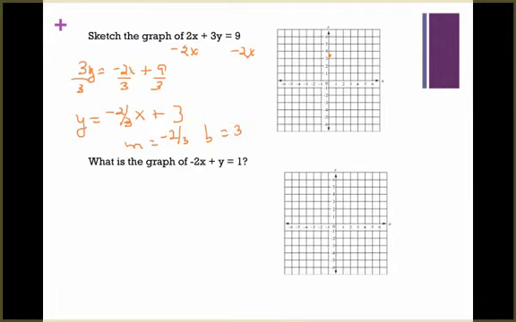And then I'm going to count down 2 and over 3. Put a dot. And now I could do that again, count down 2 more and over 3 more. And now I can connect those dots. And there's my line.